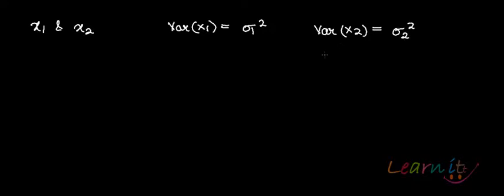Clear? And there are two other variates which are dependent upon these two variates, y1 and y2. y1 is x1 plus x2, and y2 is x1 minus x2.